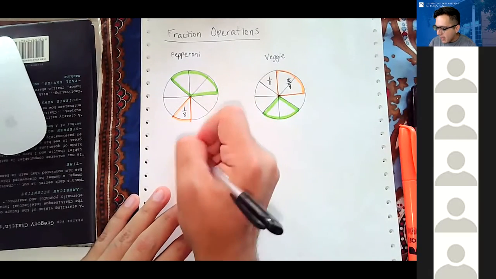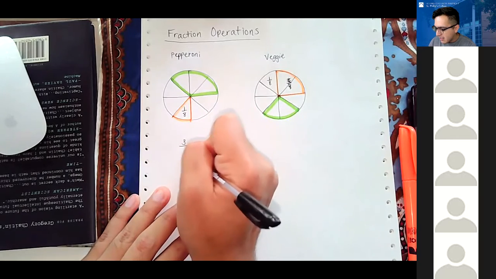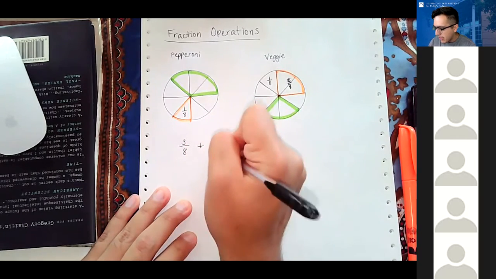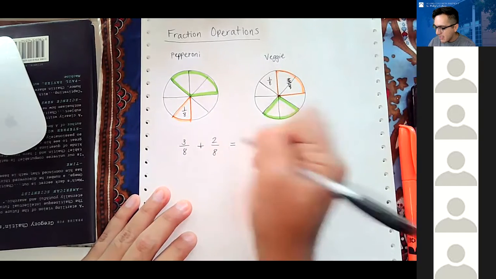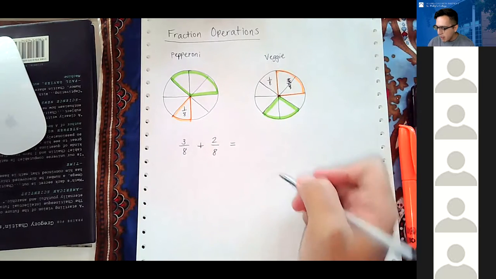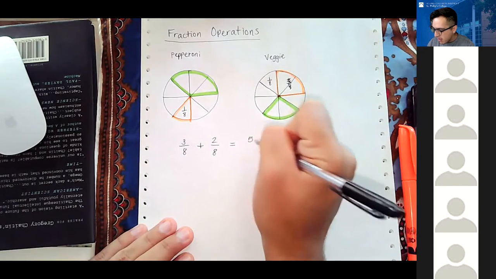How would I add 3/8 plus 2/8? What should I get here when I add this? Does anybody know? 5/8. You're just adding it straight across and keeping the denominator the same. Is that correct? Yeah, that's exactly right.